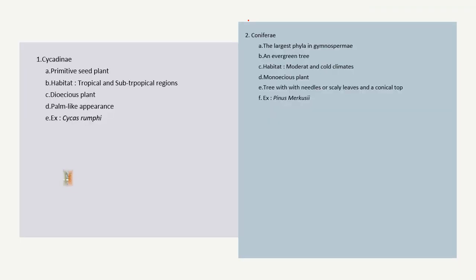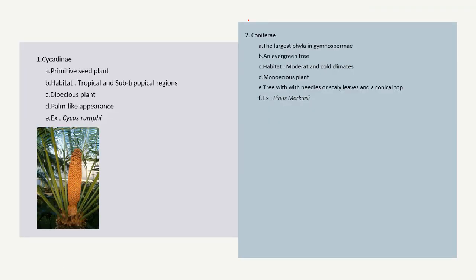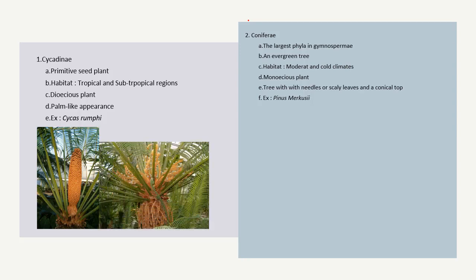In terms of types, first this is what we call Cycas rumphii. The appearance seems like a palm, and in our Bahasa we call it pakis haji, and mostly they are dioecious.